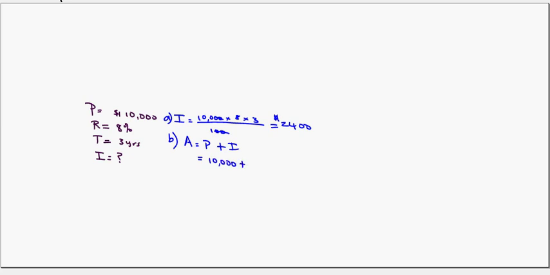And we know the interest was $2,400. So the total amount that this person has to pay back will be $12,400. So the answer for the second part is $12,400.